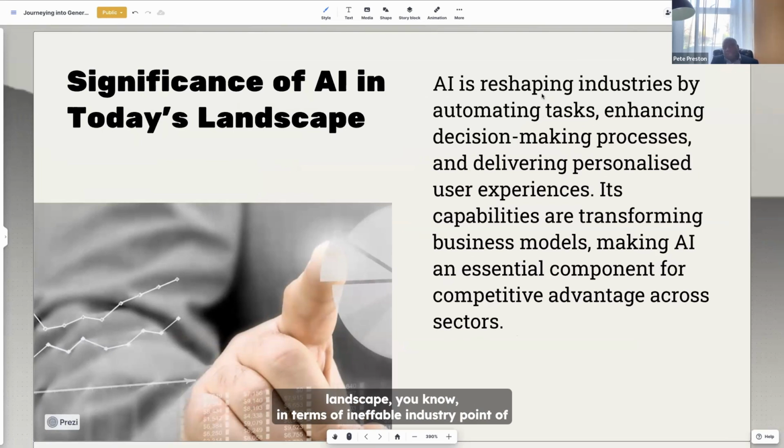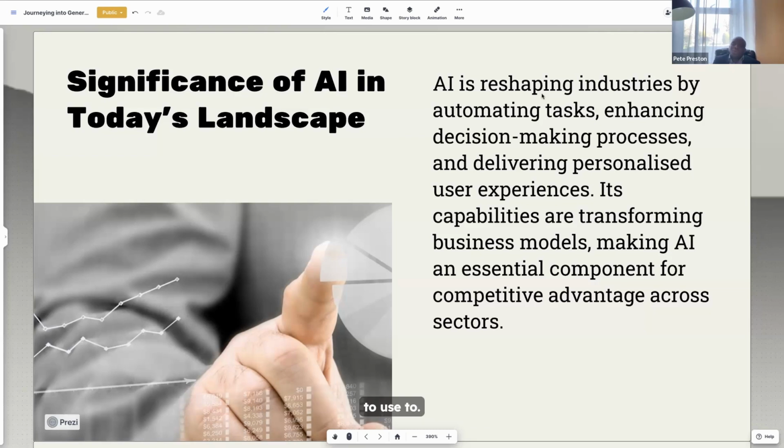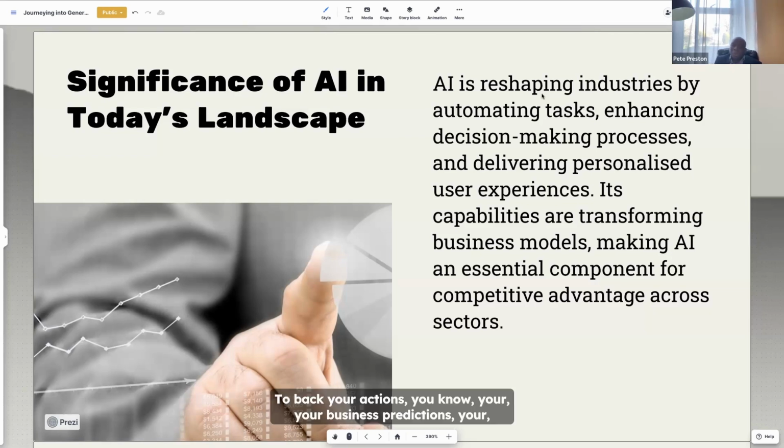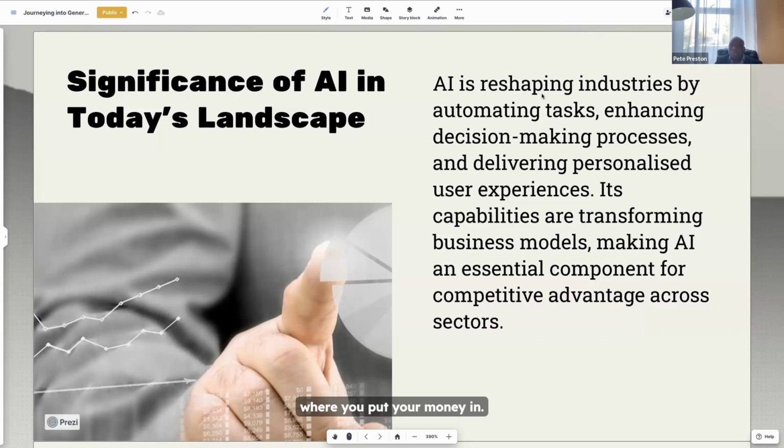What is the significance of AI in this landscape, from an industry point of view? Again, previously I said it's speed, but it's also enhancing your decision-making process. So it's a decision science provision whereby you now have more informed data to back your actions, your business predictions, where you put your money.